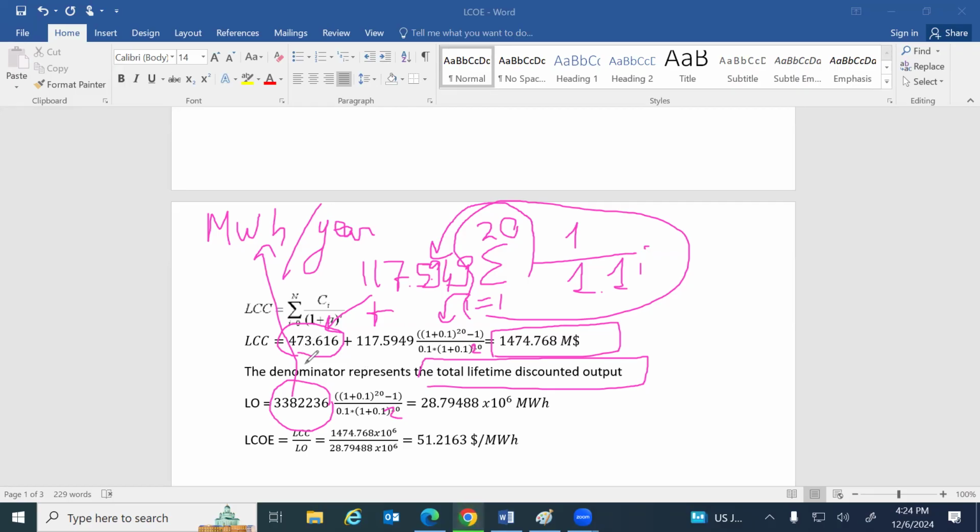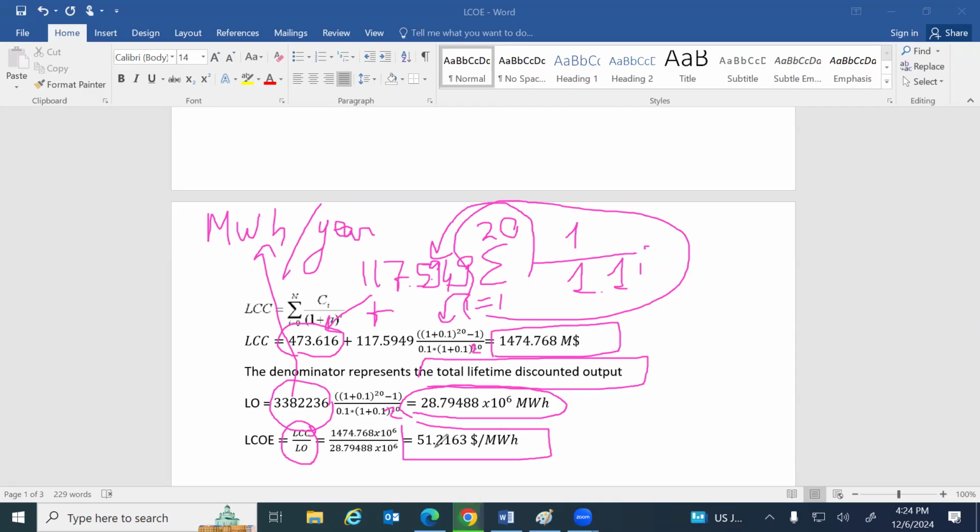So now, when we replace by numbers, we get that the lifetime outcome is 28.79488 times 10 to the power 6 megawatt hours. And now, when you divide the LCC by the lifetime discounted output, you will get for your LCOE $51.2163 per megawatt hour.